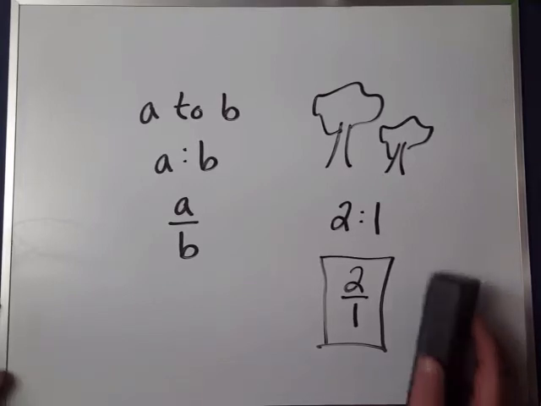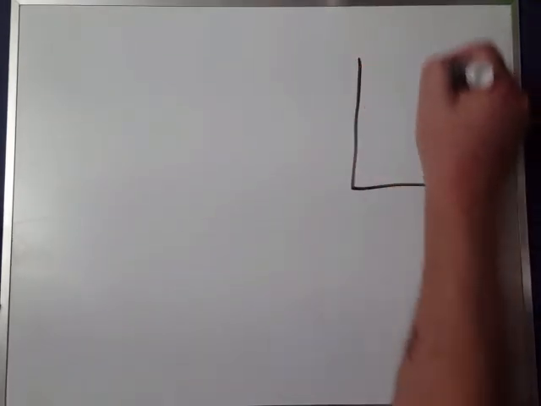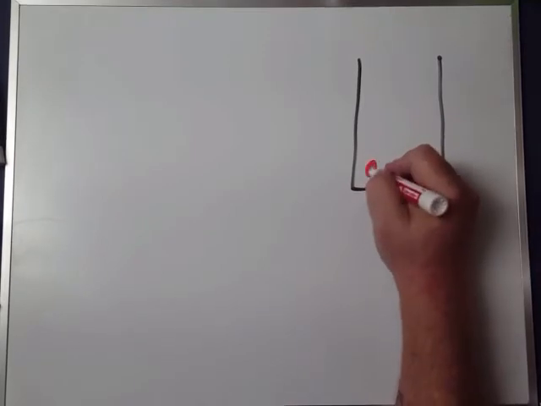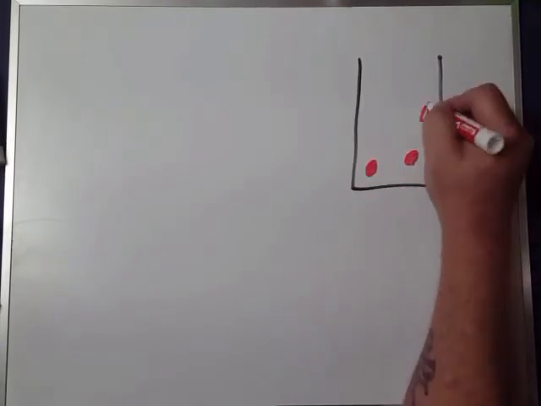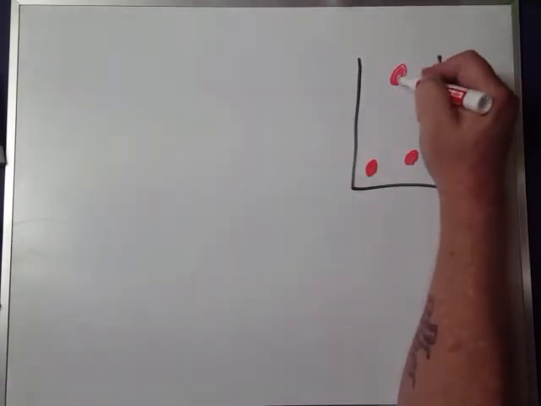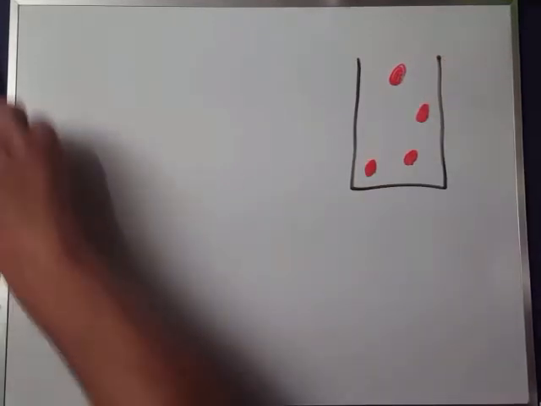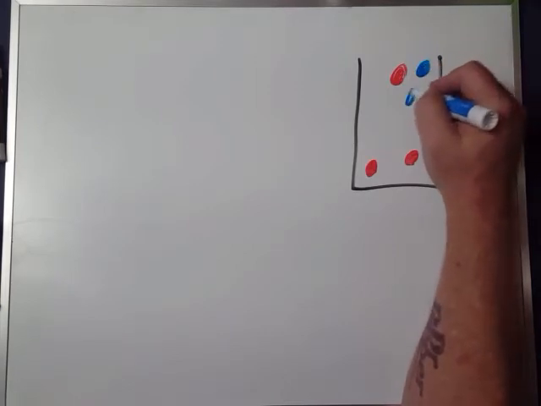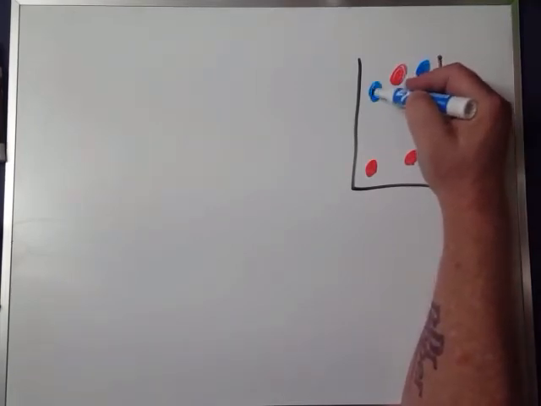We're going to be reducing these ratios. Consider if I had a jar full of marbles. Let's say that I've got 4 red marbles and 6 blue marbles in this jar.